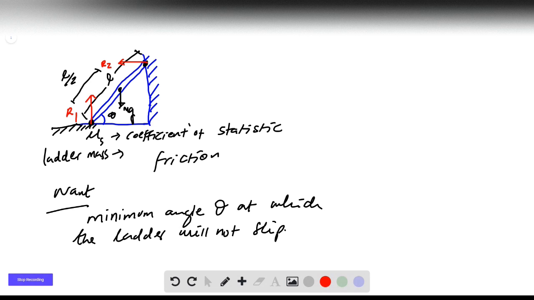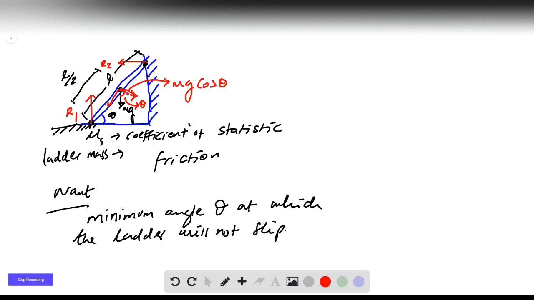And also, we can resolve the weight into its components. The main component we're interested in is mg cosine theta. So we're resolving the weight of the ladder. So the mg cosine theta is a component pointing downwards, assuming this angle here is theta.